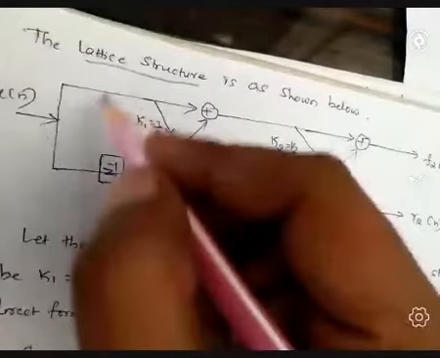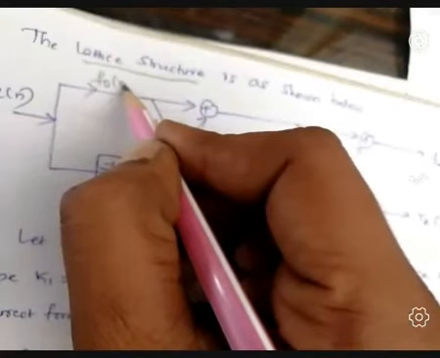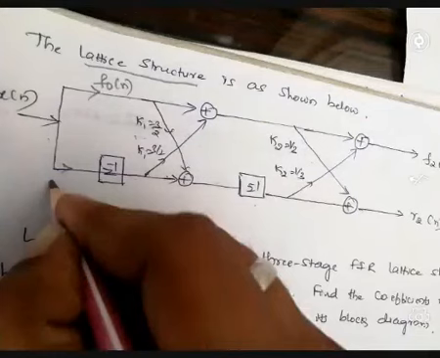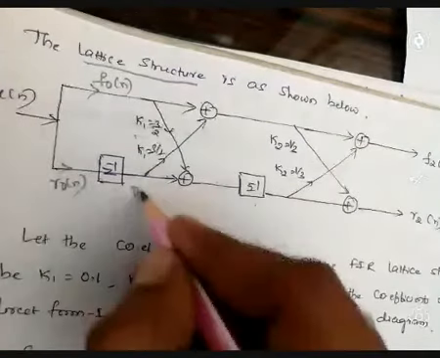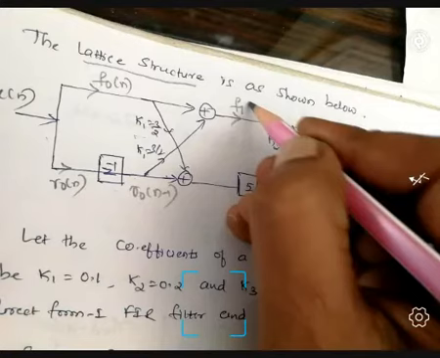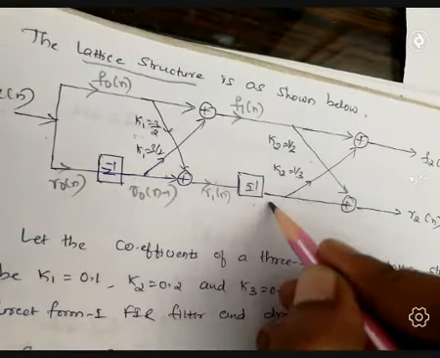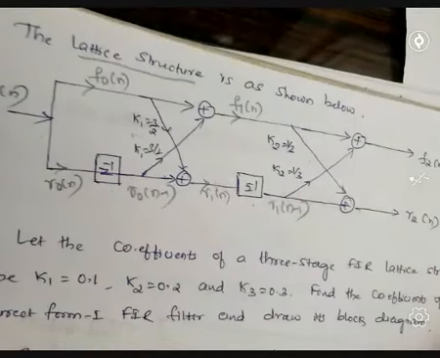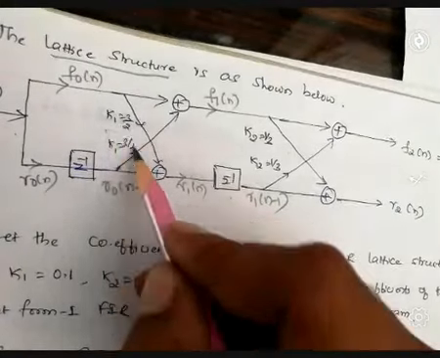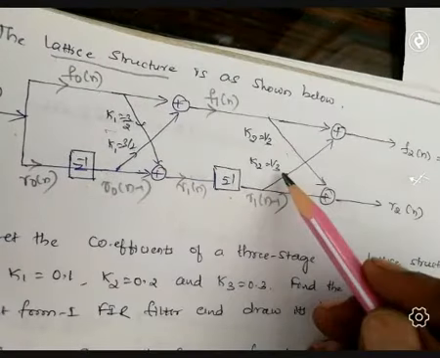X of n is F0 of n and R0 of n, and we are getting R0 of n minus 1 here. This output is F1 of n, this is R1 of n, and here we are getting R1 of n minus 1 delay. Coefficients we calculated: K1 is 3 by 2, substitute here; K2 is 1 by 3, substitute. This is the solution.